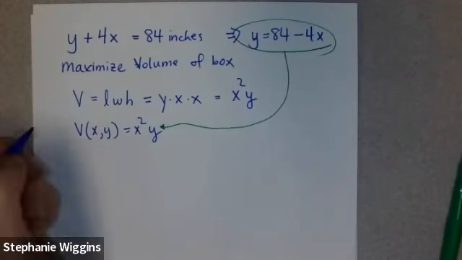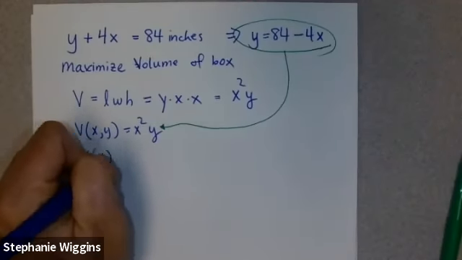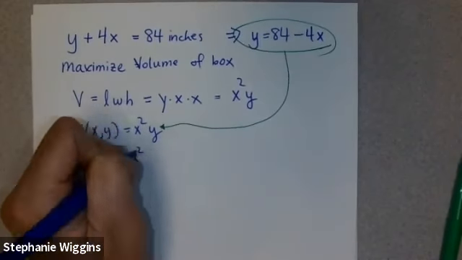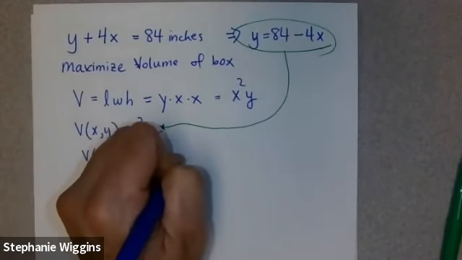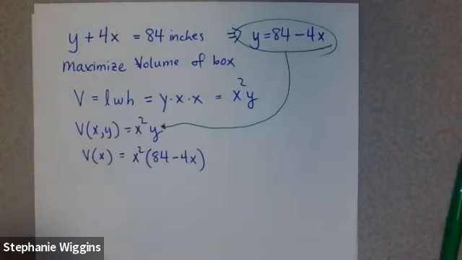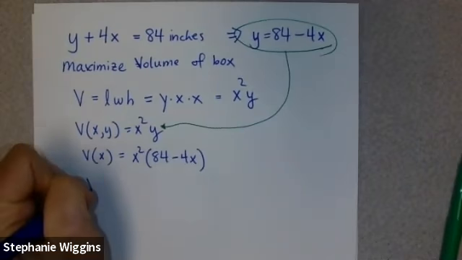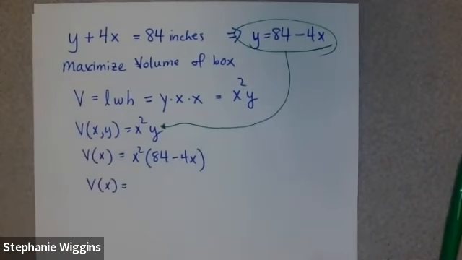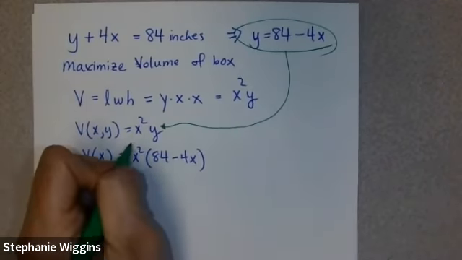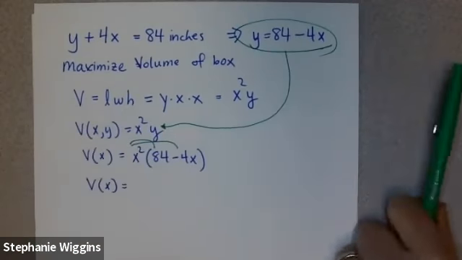Okay. So now the volume is just a function of X, and it's going to be X squared times 84 minus 4X. I'm going to go ahead and distribute that X squared to the 84 and to the negative 4X.